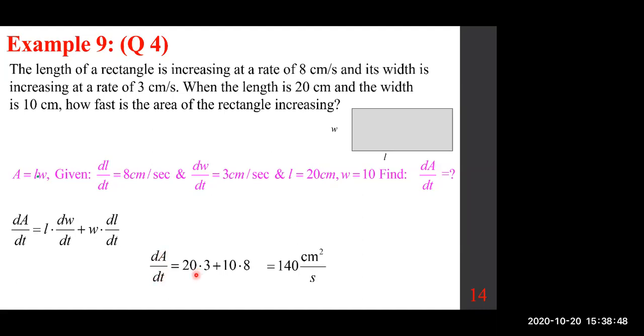Also, if you want to go this route, 20 what? Centimeters. 3 what? 3 centimeters per second. Same unit here if you work it out. That is important for everybody to understand, and we really don't want to mess it up. I hope everybody is okay with that, class. So let's take it from there.